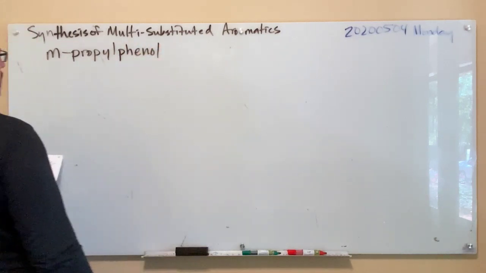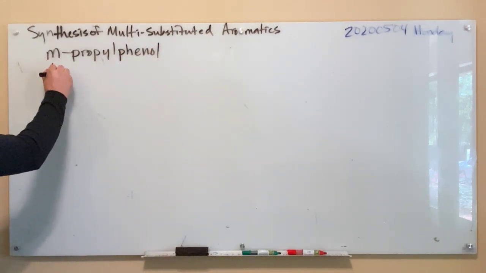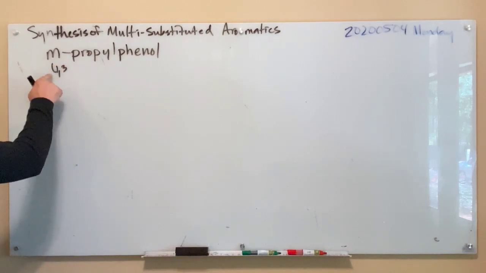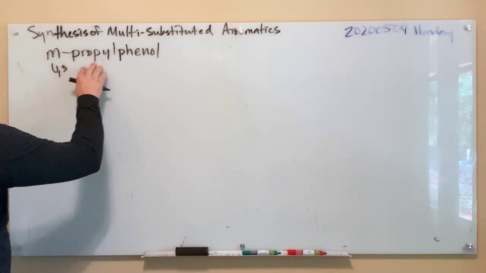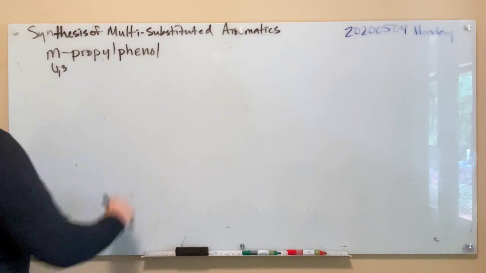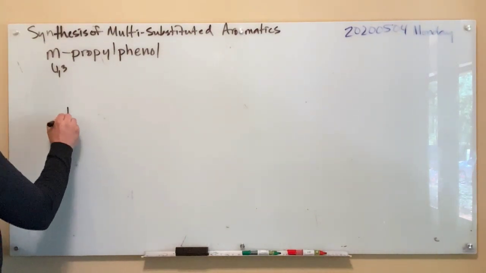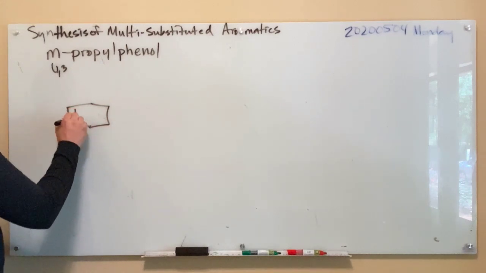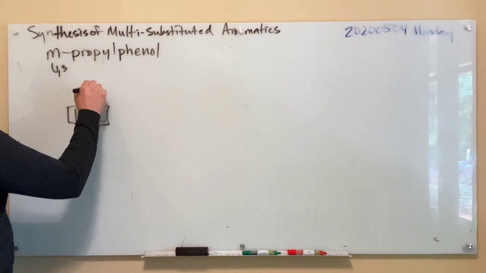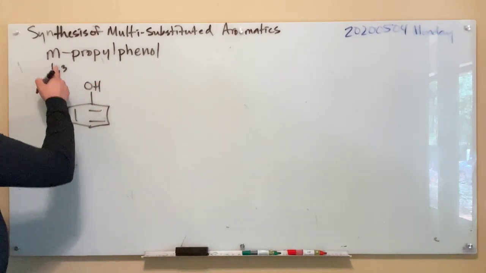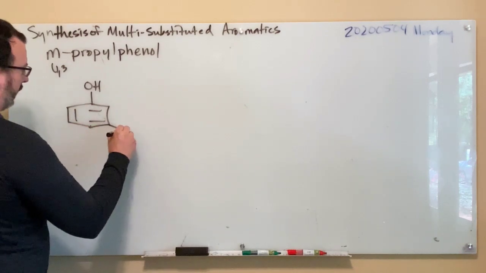So again, this is a 1,3 relationship between a propyl group, and again the other substituent is buried in there, hydroxybenzene, otherwise known as phenol. So there's phenol. At the 3 position we have a propyl group.